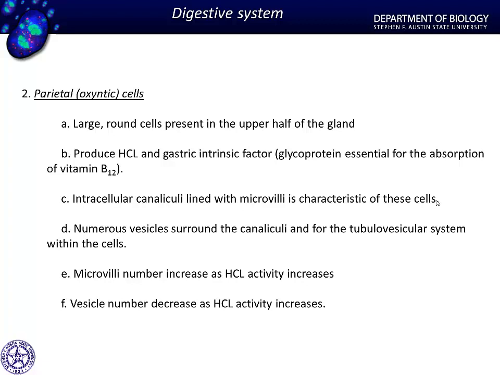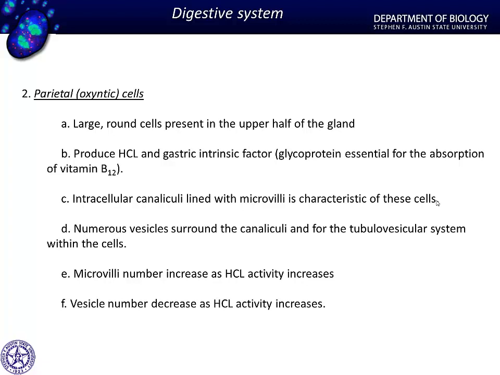Now, the way HCl is produced, and we're going to get to this toward the last part of the chapter, is that it's not produced intracellularly. Portions are produced and secreted out. You have chloride ions secreted, you have hydrogen ions secreted, and they come together externally to produce hydrochloric acid. But you're going to have these deep invaginations down into the cell, and these are referred to as intracellular canaliculi.